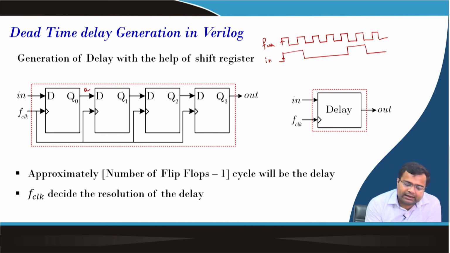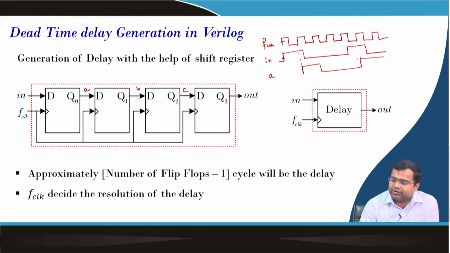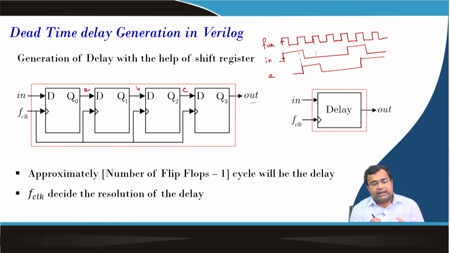Let us say it is A, B, C. What will A be? A will be delayed by 1 unit. That means this edge comes, so this will be our clock. It will be delayed by 1 unit. What will B be? It will be delayed by another unit. Like that, the output will be delayed by 1, 2, 3, 4 units. You need 4 shift registers.